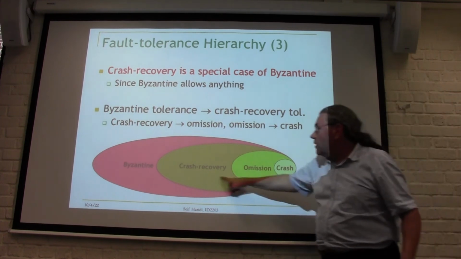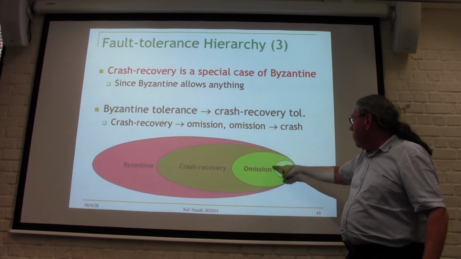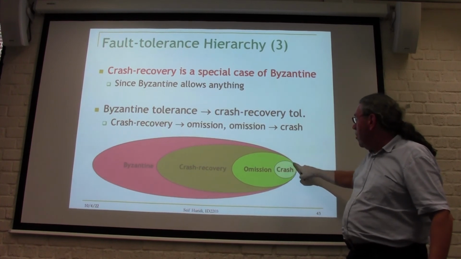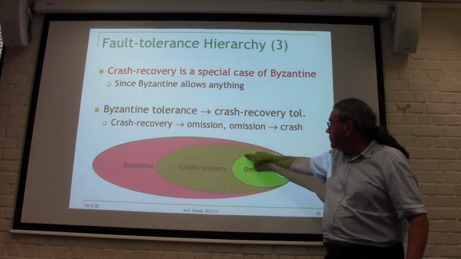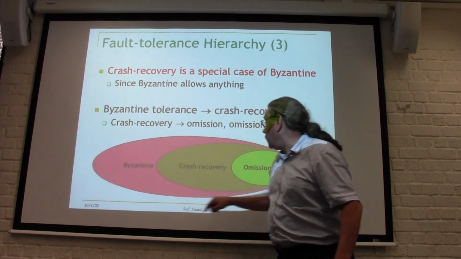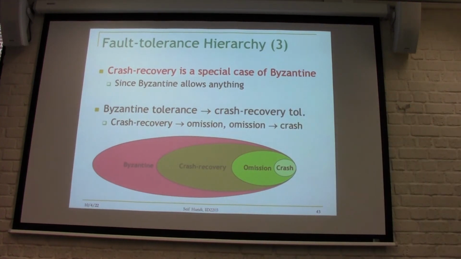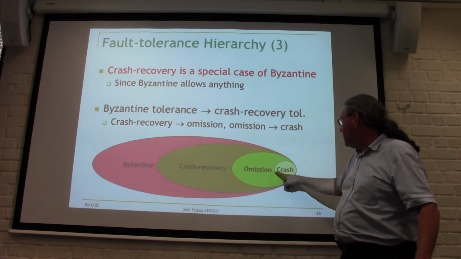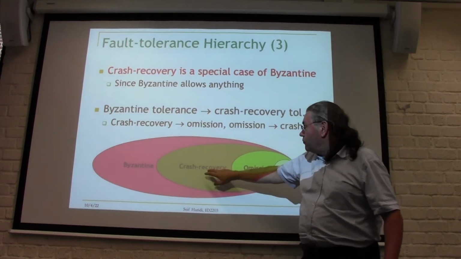So you have this hierarchy. Here you have all the possible failures of crash stop. Omission can do these plus more. There are even more possible failure modes. Crash recovery has even more, and Byzantine has the most. So you have these four hierarchical levels. Usually we're going to stay here. That's already very subtle. And sometimes here.